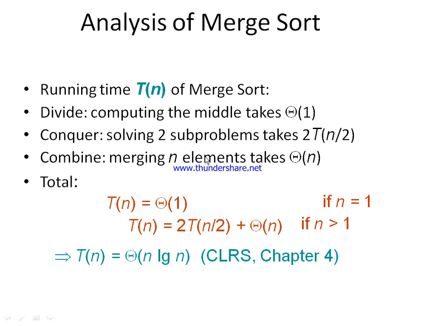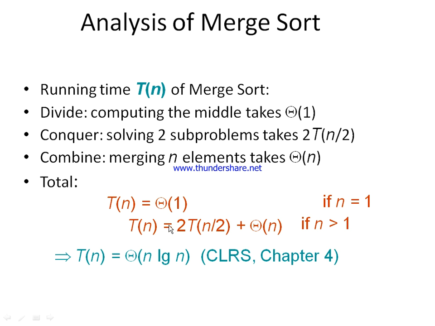And next, combine: merging n elements. This is sorting and this is merging. So merging n elements takes theta of n. So the total is T(n) equal to theta of 1 if n is 1, that is the list consists of only a single element, so there are no calculations and no iterations.